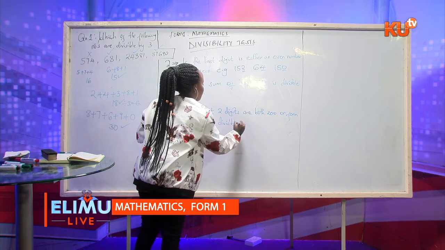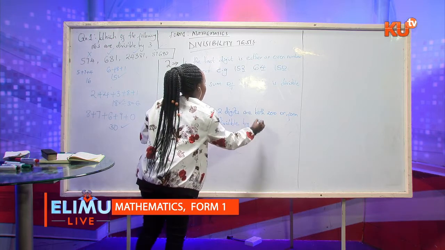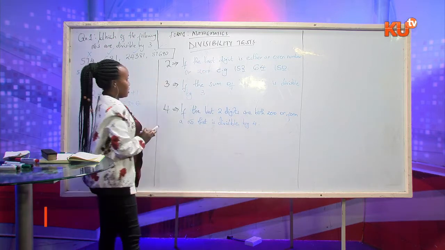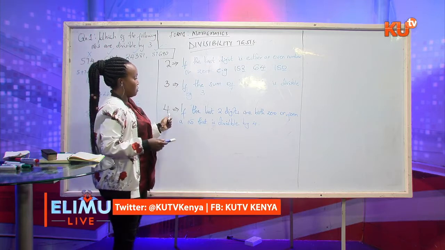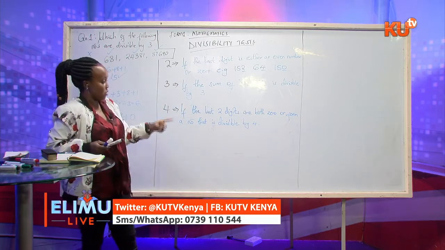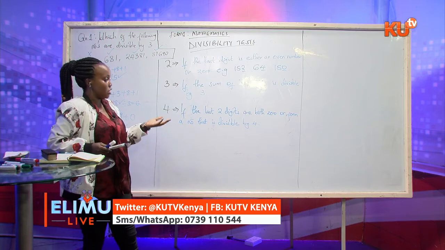So the divisibility test for 4 is that a number is divisible by 4 if the last two digits are both 0 or form a number that is divisible by 4.